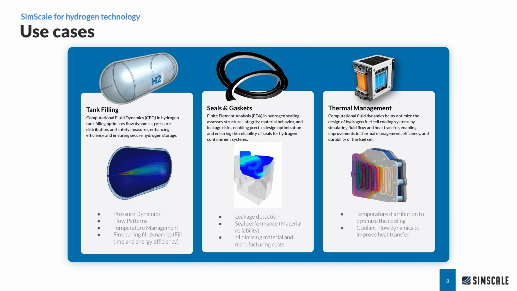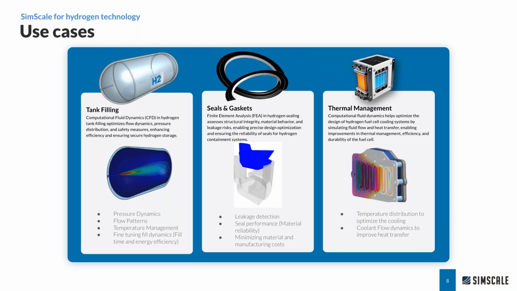Thanks, Kanchan, for the wonderful breakdown of the design challenges in the hydrogen supply chain and how simulations can mitigate prototyping cost, for example, and also enable predictive maintenance, and also open up new design possibilities, as you mentioned in the last slide, right?